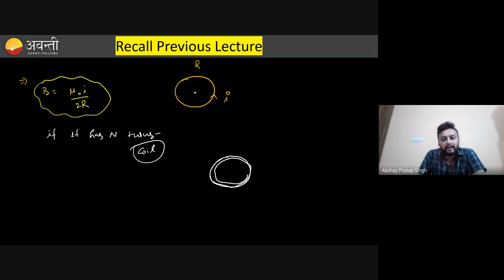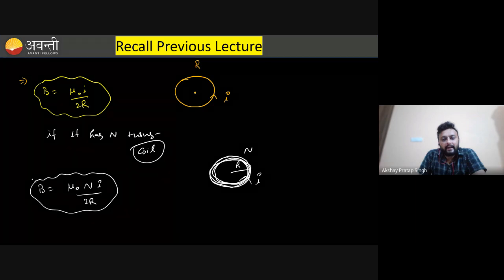All the turns will have almost the same radius R, the number of turns is N, and the current carried is I in each turn. So the magnetic field in this case is mu naught N I over 2R. These are the things that we have completed in the previous session.